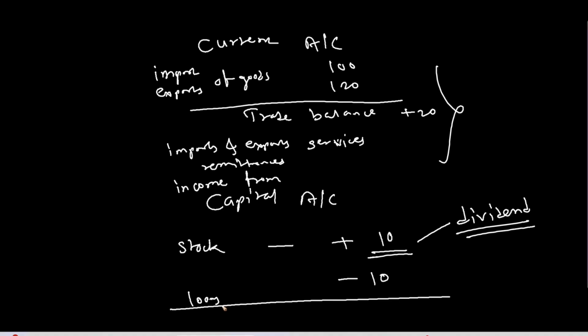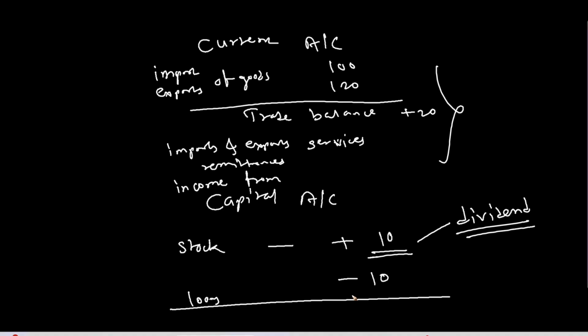Okay. So if Indians have given a loan to foreigners, then it will come as a negative because it is capital outflow. If foreigners are buying Indian government bonds or any Indian commercial bond like debentures, then it will be capital inflow. Okay.